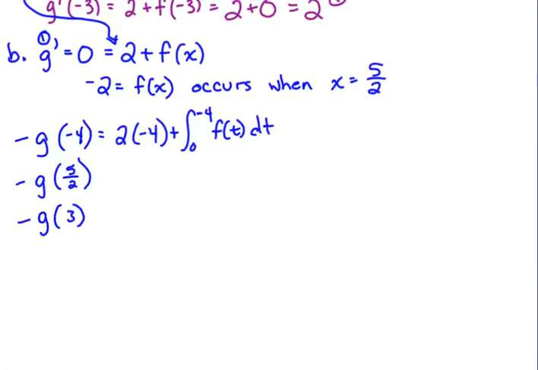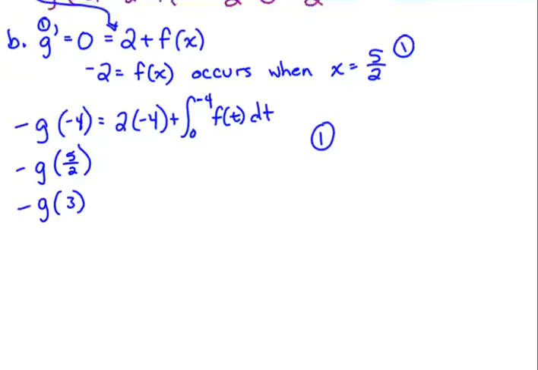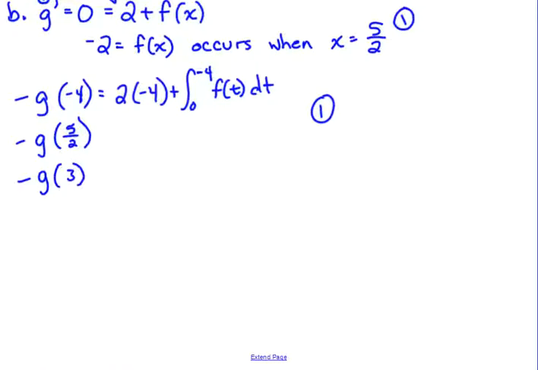Okay, I'm not going to go through calculating it all, but you would have to do that. So you get the 1 point for considering g prime equals 0. You get the 1 point for your critical point at 5/2, and then you get 1 point for your justification. Okay, so your justification would be plugging in all those values.